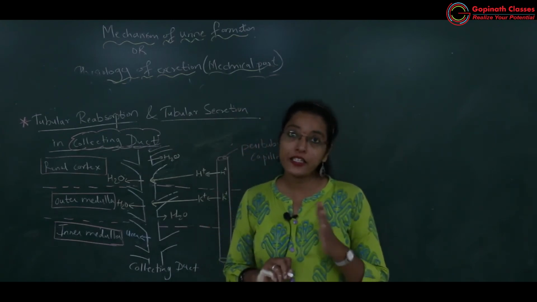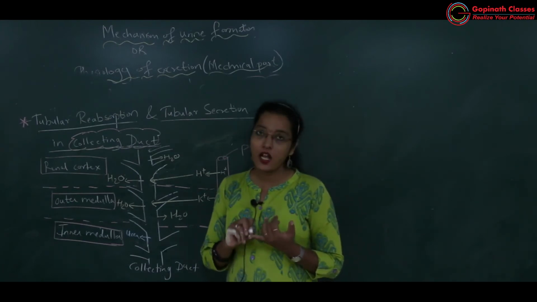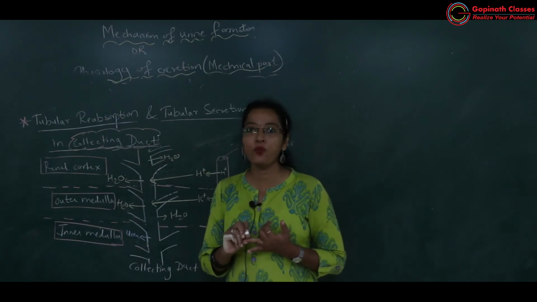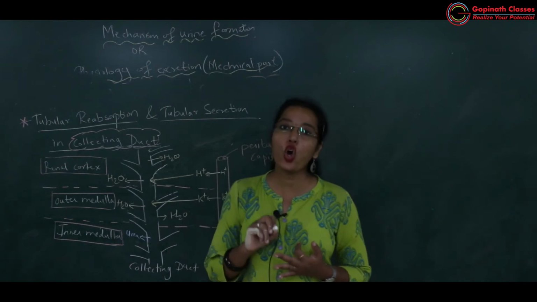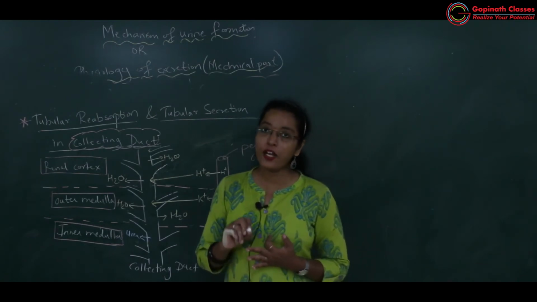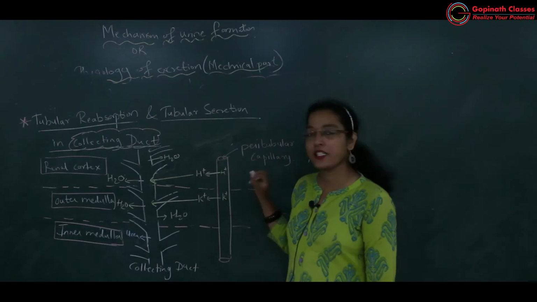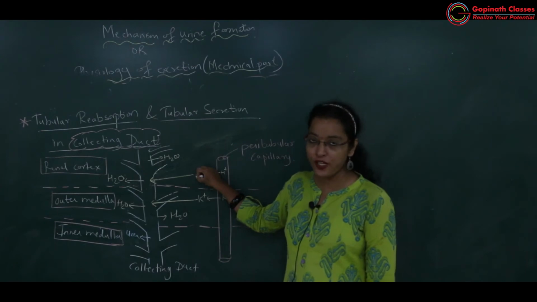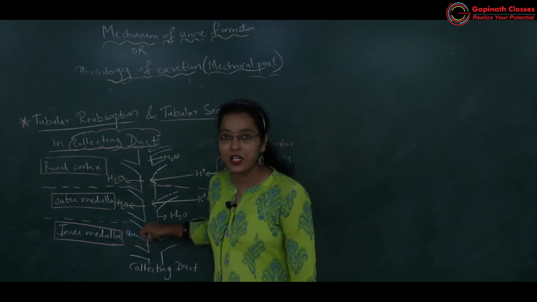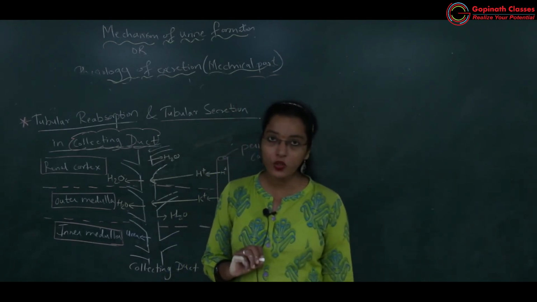So the collecting duct is involved in maintaining the pH of the blood, as well as the ionic balance and osmolarity. Ionic balance by releasing H positive ions and K positive ions, pH by releasing H positive ions, and osmolarity by reabsorbing urea. Got it.